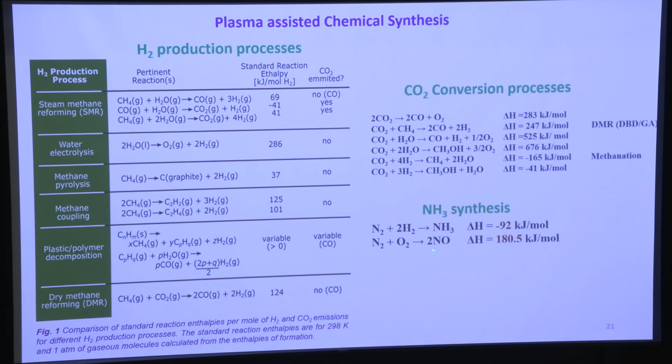How can we make NO from nitrogen and oxygen with 8% of efficiency? Remember here, 8%. So if any one of you can create 8% of NO from here, write an email to me.